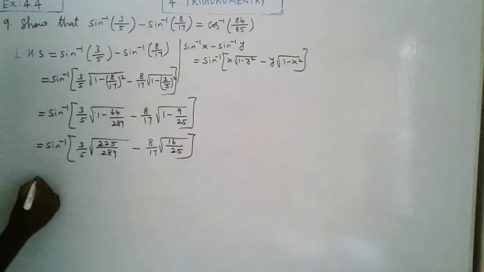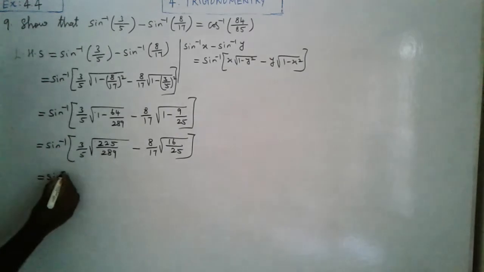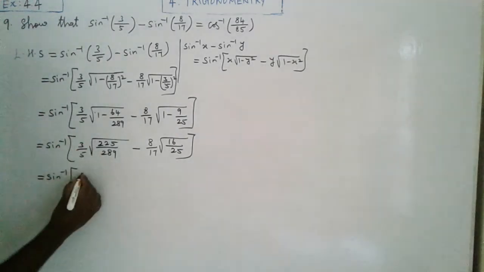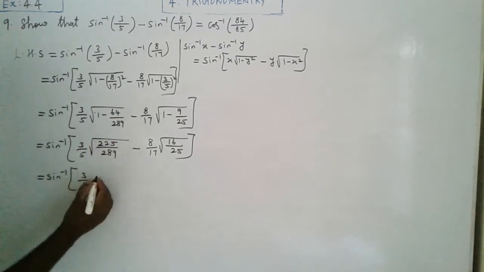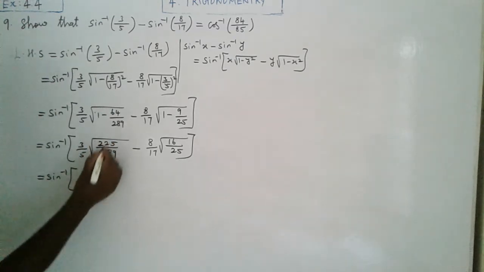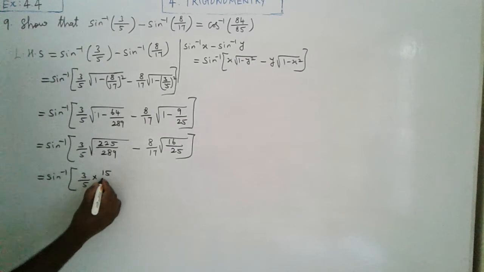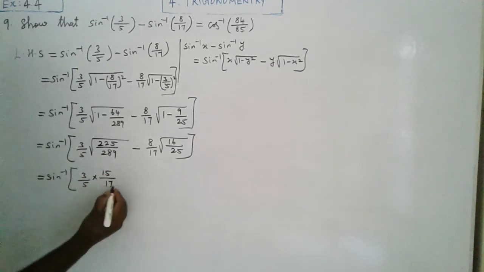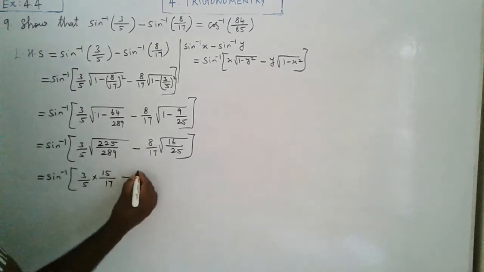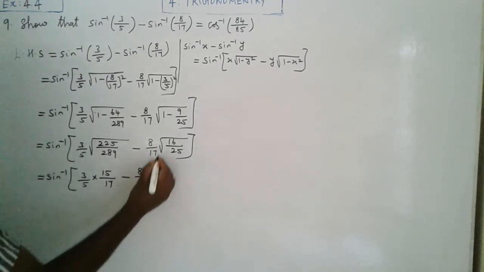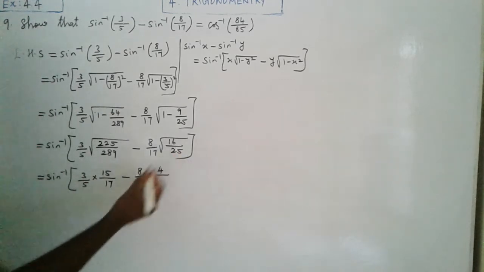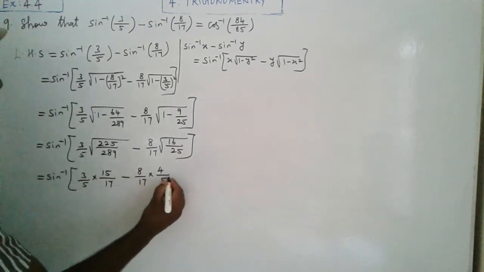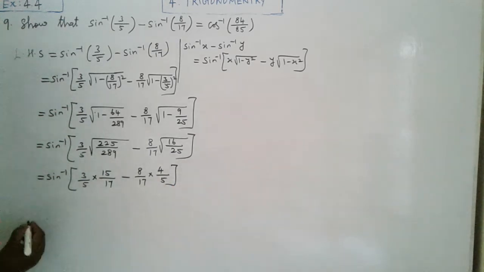So we should write here sin inverse of 3 by 5, square root of 225 is 15, 15 square is 225. So 15 divided by, take the square root, 289 is 17, minus 8 divided by 17, take the square root of 16 is 4, 25 take the square root then 5, 5 square is 25.